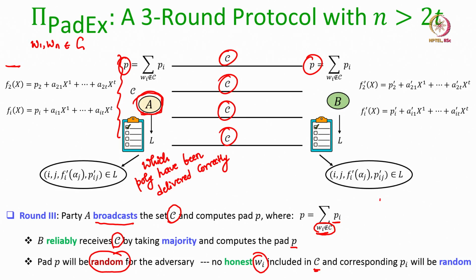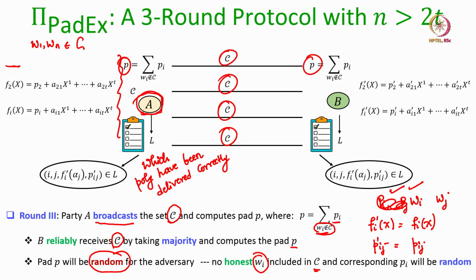So, for instance, if Pi and Pj are both honest, then F' sub i(x) is the same as F_i(x), and P' sub ij will be the same as P_ij, and then when we would have prepared the conflict list, it will never find the wires W_i and W_j conflicting with each other.